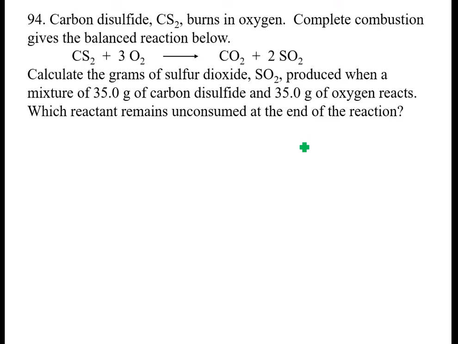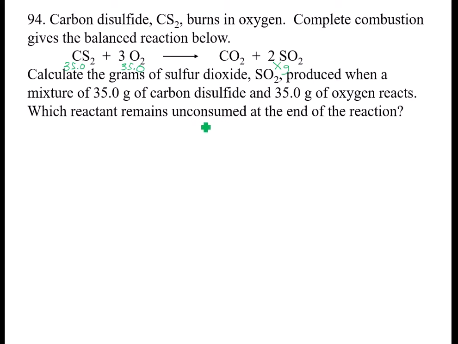Okay, so I didn't leave myself a whole lot of room here, but I want to know how many grams of sulfur dioxide I produce when I have 35 grams of carbon disulfide and 35 grams of oxygen. And then what reactant remains unconsumed at the end of the reaction. All right, so this, like I said, is applied stoichiometry.